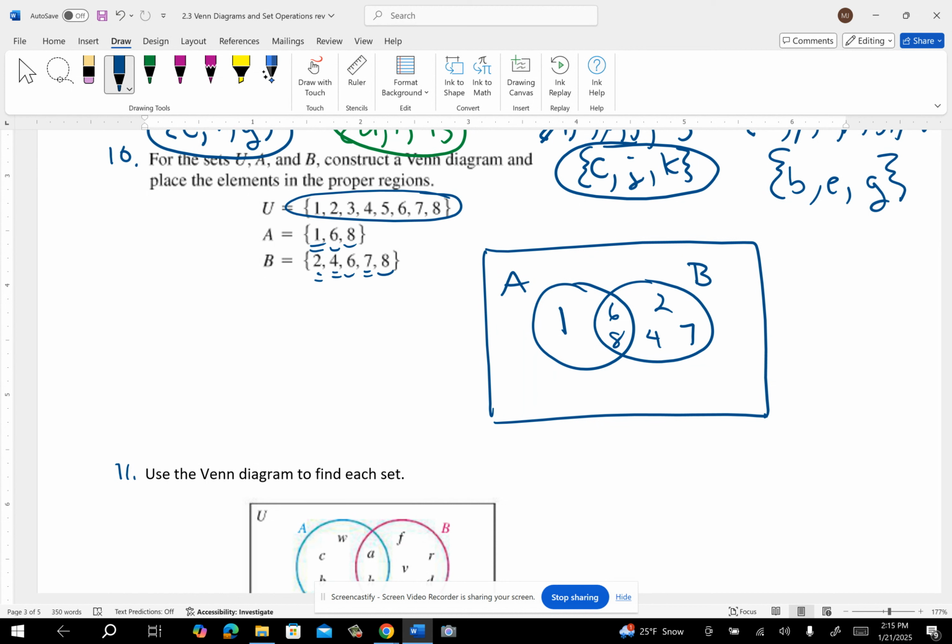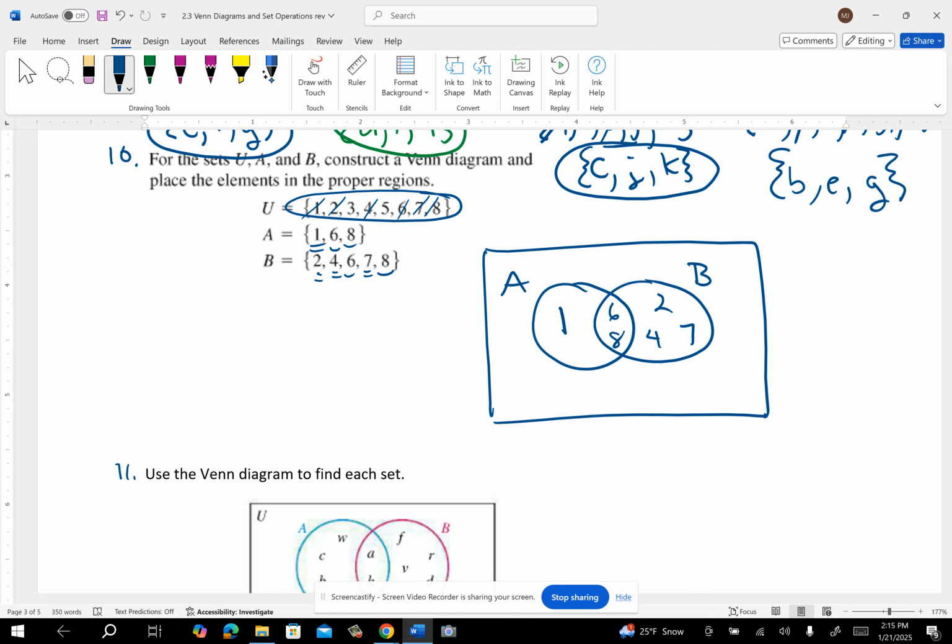Now, there's a little more to do because we have to go back to the universal set. We have to take care of the numbers we haven't mentioned so far. We've already placed 1 and 2, we've already placed 6 and 8, we've already placed 2, 4, and 7.